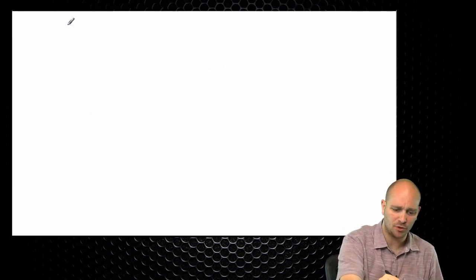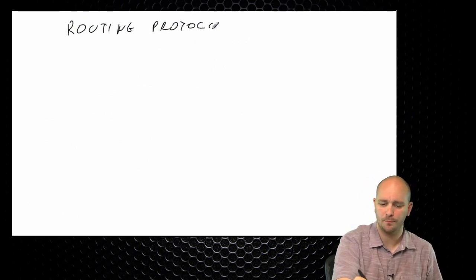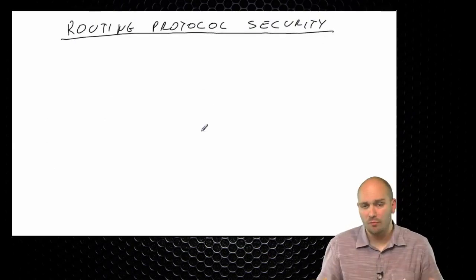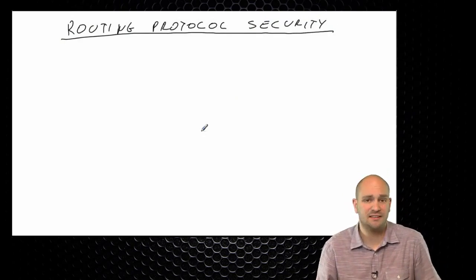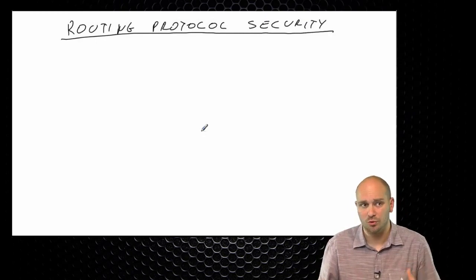And when we are talking about the routing protocol security, really what we are talking about are things like authentication and maybe filtering. Filtering in different routing protocols is done differently, and we talked about this already to some extent.